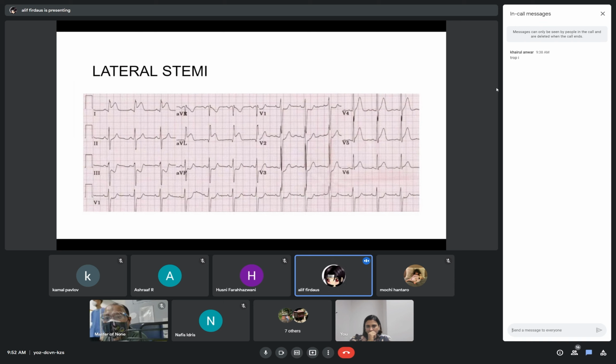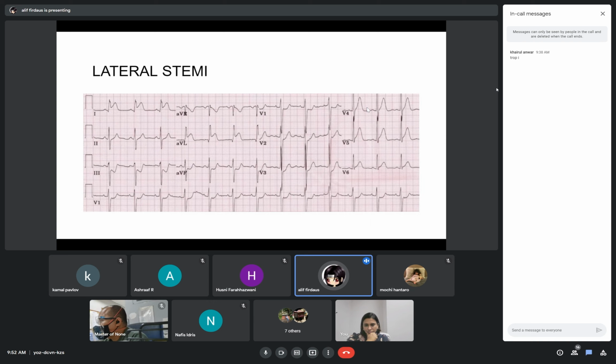This ECG is to show a lateral STEMI. The affected leads are the lateral lead 1, lead AVL, V5 and V6, and V4 also, we can see the ST is elevated.